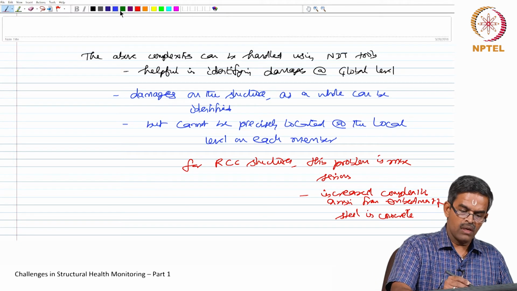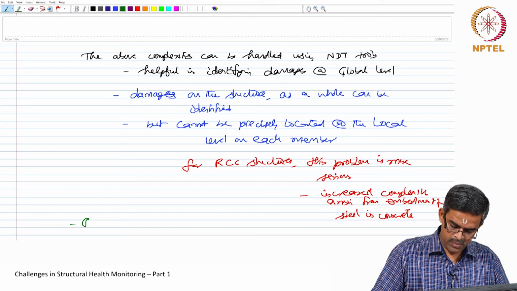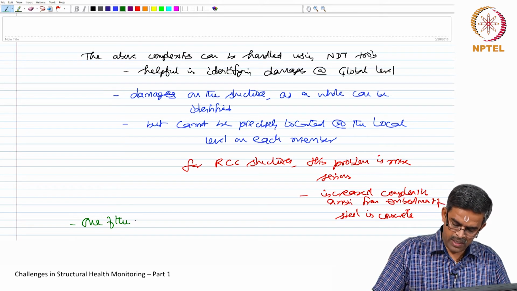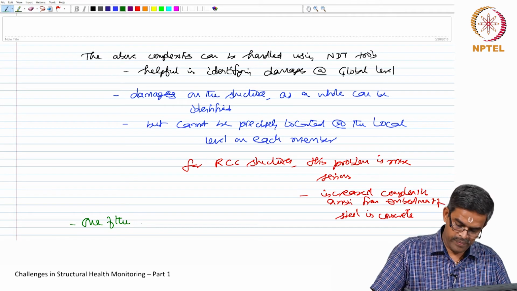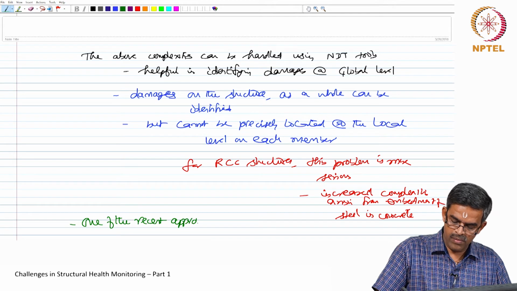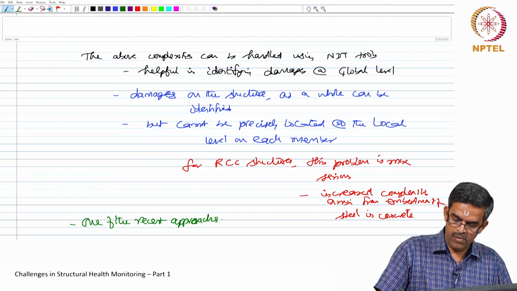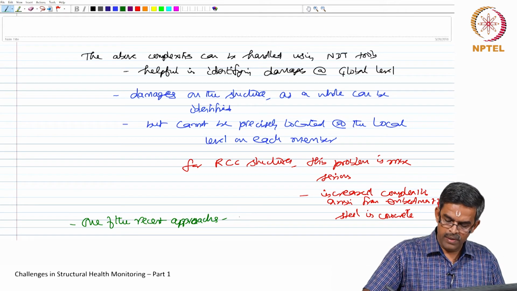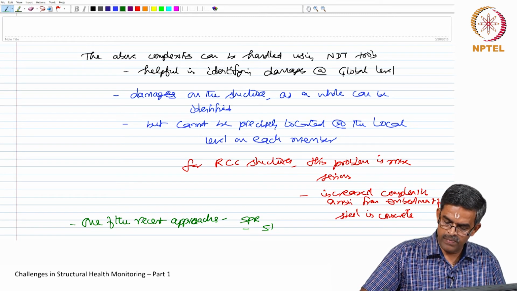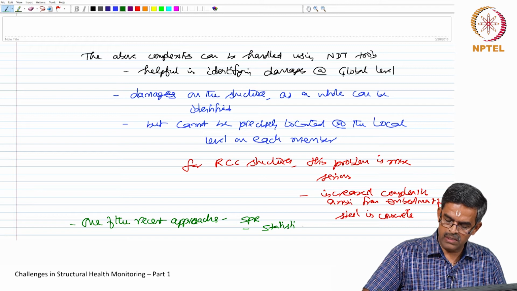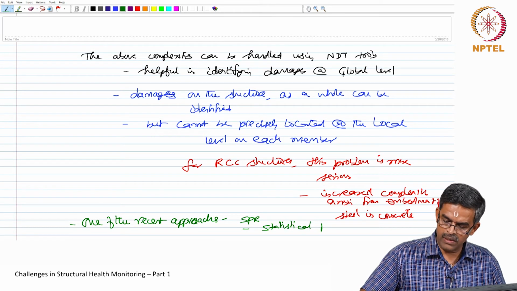One of the recent approach which can handle this problem is SPR, which is statistical pattern recognition.